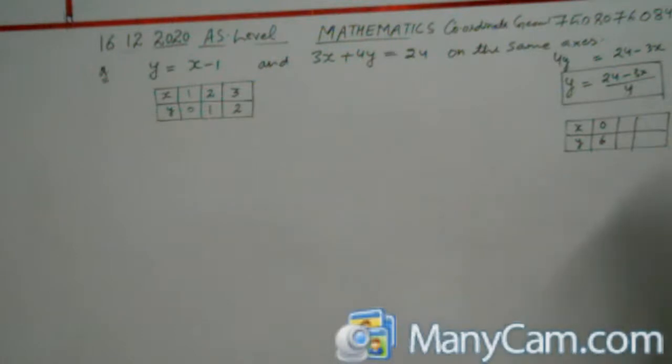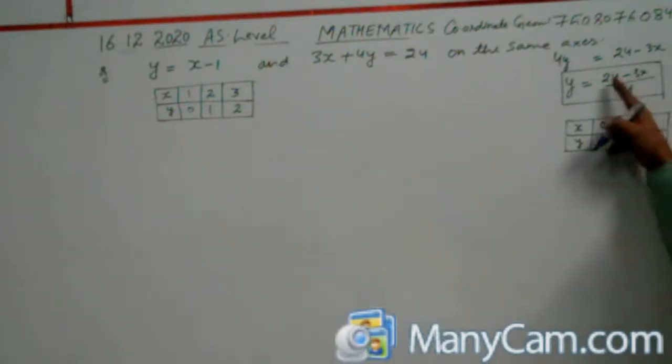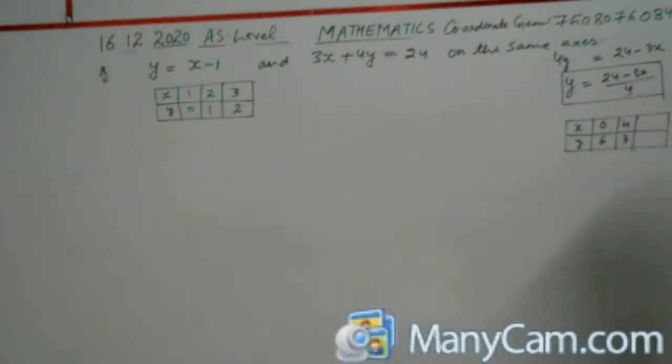Now if x is 4, y is 3. 24 minus 12 is 12. 12 divided by 4 is 3. That is 3 here.